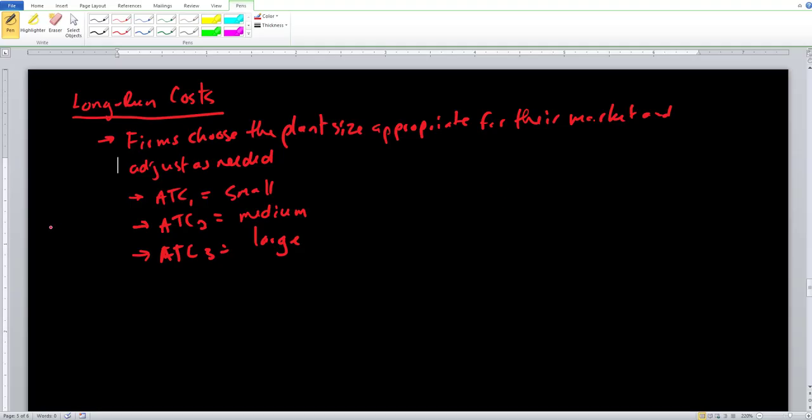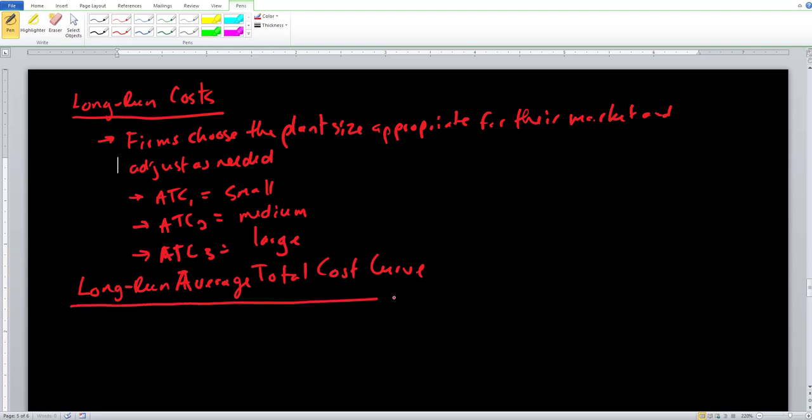So what we have mapped here, what we are interested in, is the long run average total cost curve.